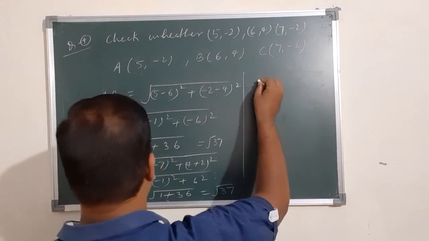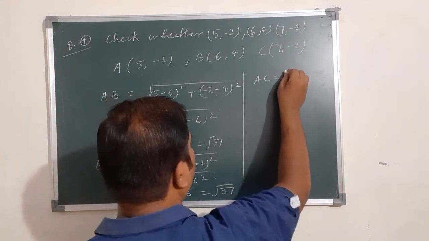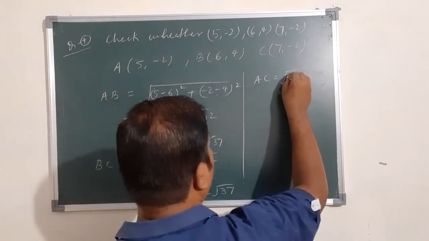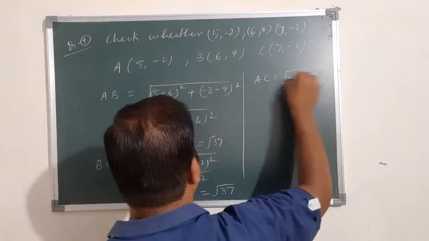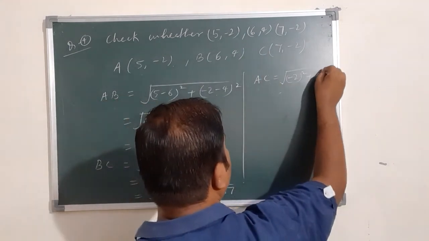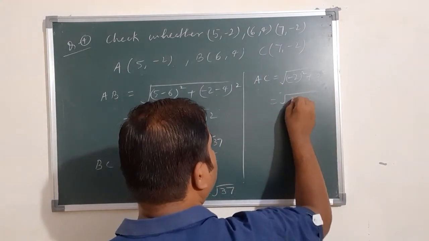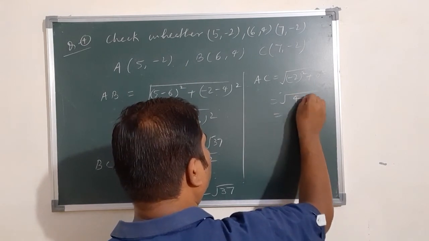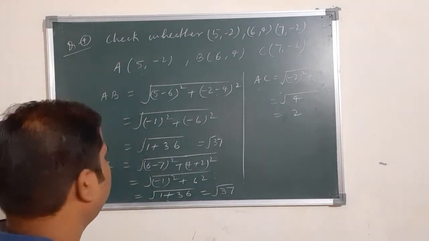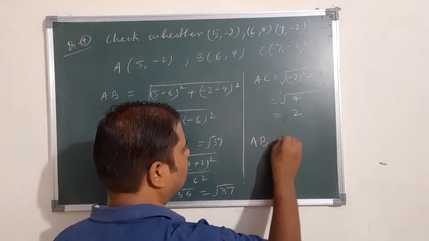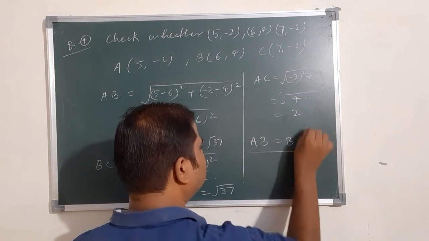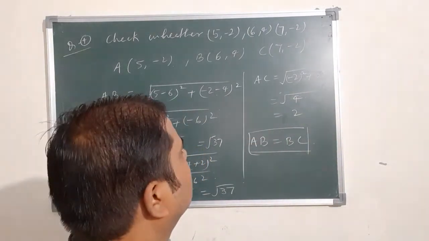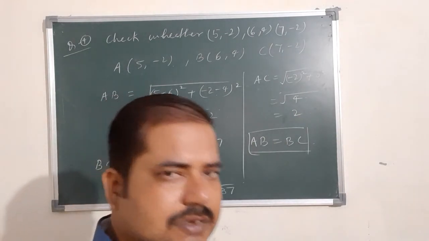Now AC is the root of (5 minus 7) whole square plus (-2 plus 2) whole square. This is 2 square, which becomes 4, that is 2. So you see AB is equal to BC.